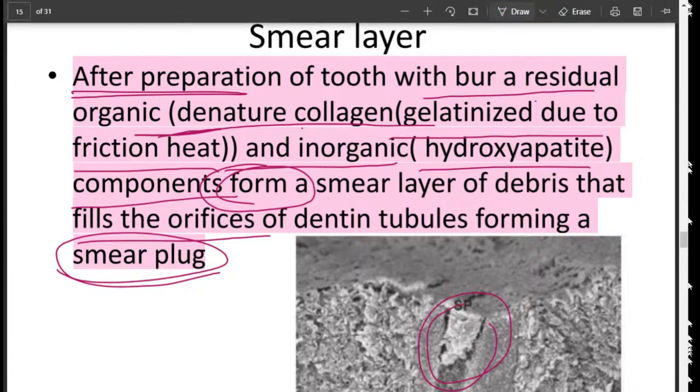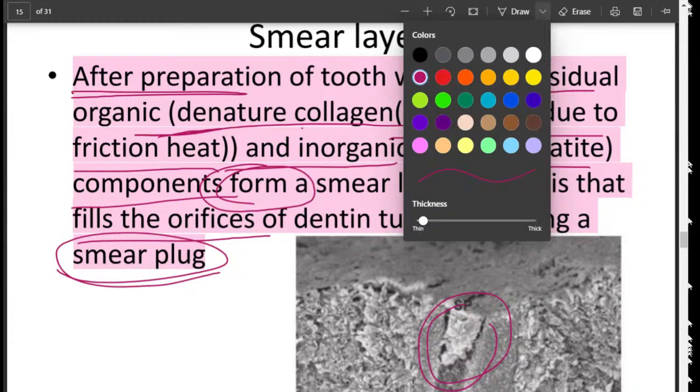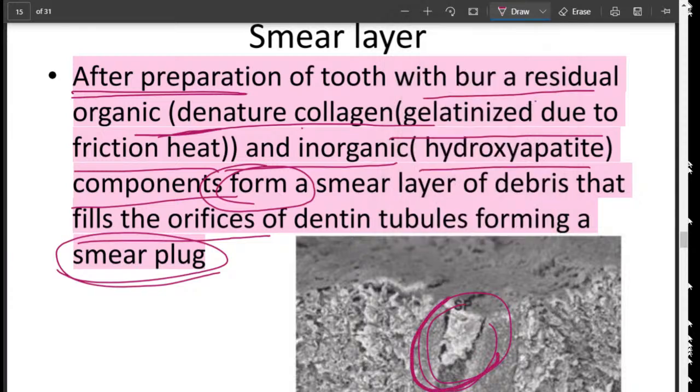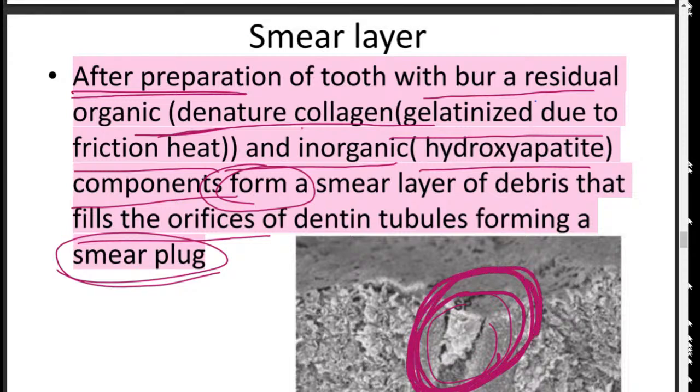And the smear plug can be seen in this picture. Here we can see the smear plug.